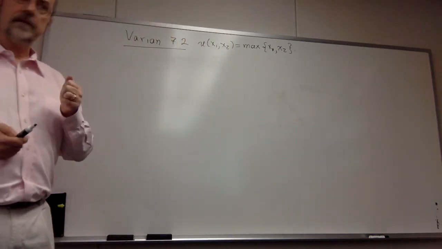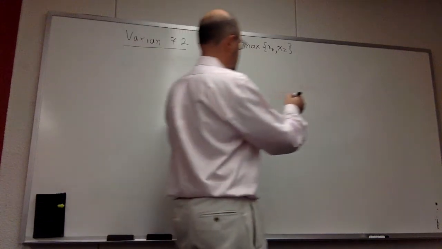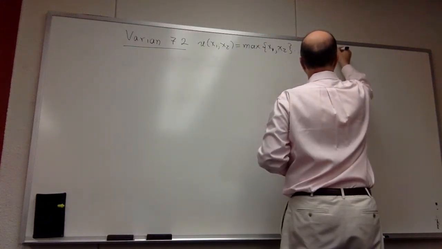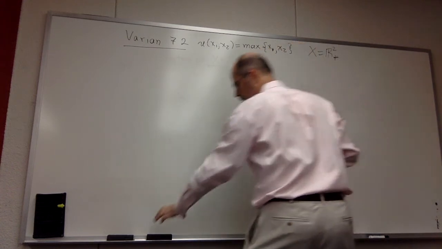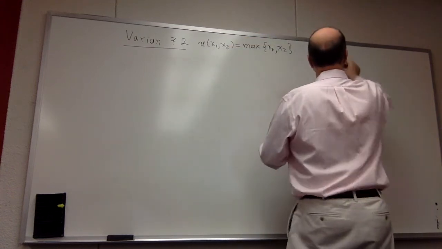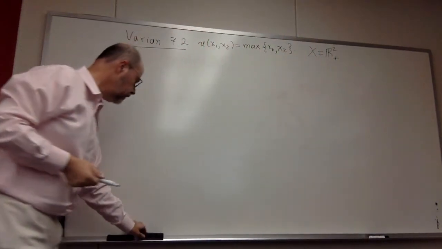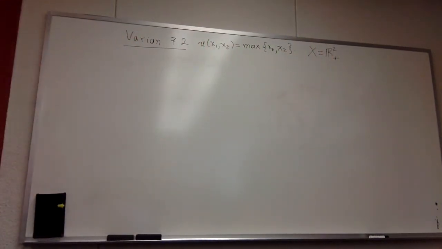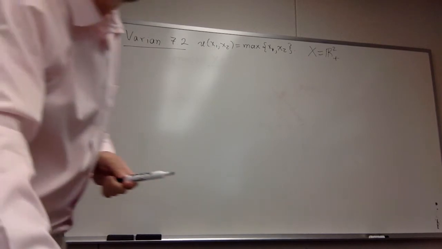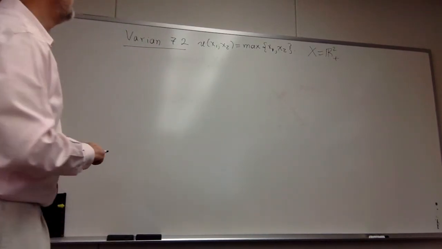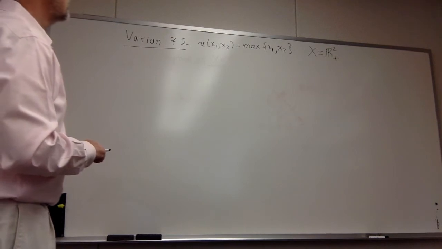No? Okay, cool. But guess what I'm going to do? I'm going to draw a picture. I'm going to assume, again, even though it doesn't say, that the consumption set is R2 plus. So there it is. All right.